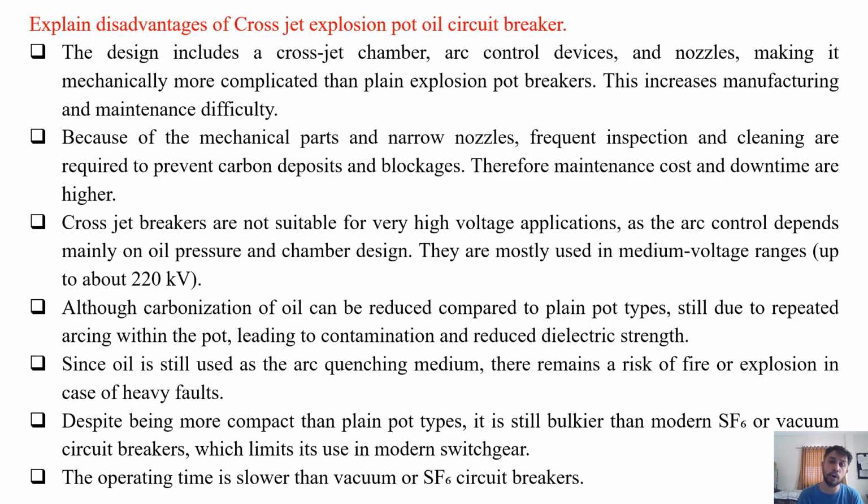Despite being more compact than plain pot types, it is still bulkier than modern SF6 or vacuum circuit breakers, which limits its use in modern switchgear. The operating time is slower compared to vacuum or SF6 type circuit breakers. So these are several disadvantages of cross-jet explosion pot oil circuit breaker.